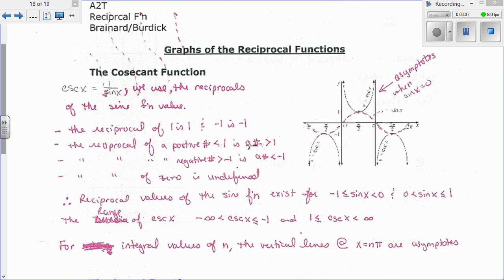So that means that pi, 2 pi, 3 pi, 4 pi, 5 pi, 6 pi, 7 pi, 8 pi, all of those values would be asymptotes because they're multiples of pi. Okay?